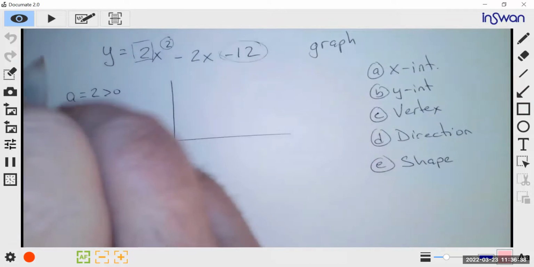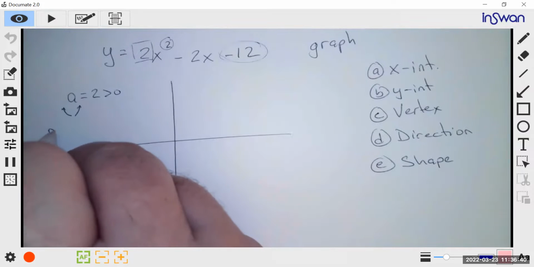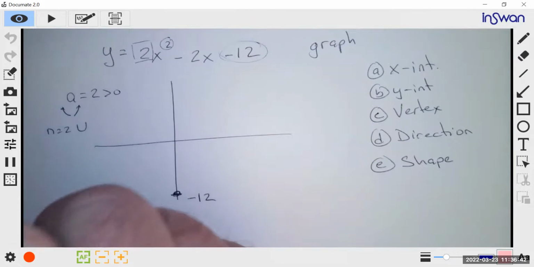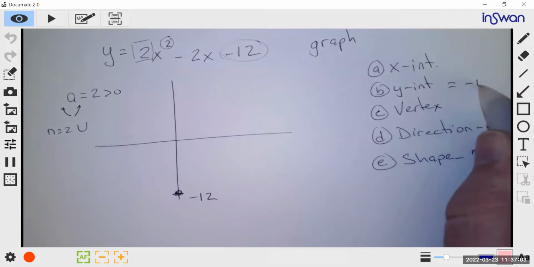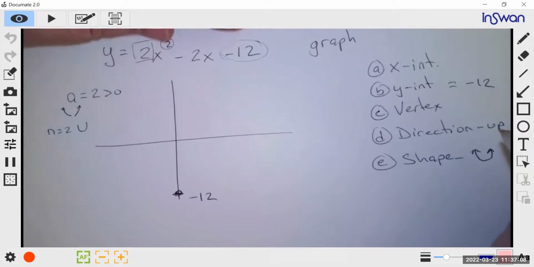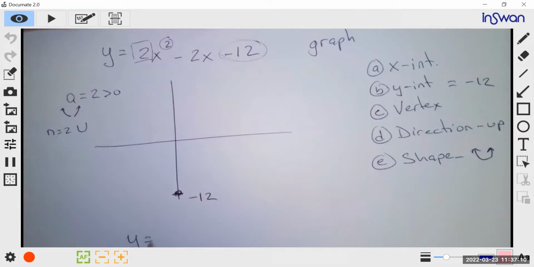The degree is 2, so it's a parabola. We'll have two intercepts. So the direction is up. The shape is like that. The y-intercept is negative 12.